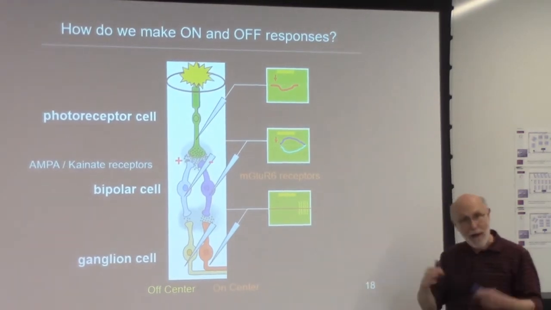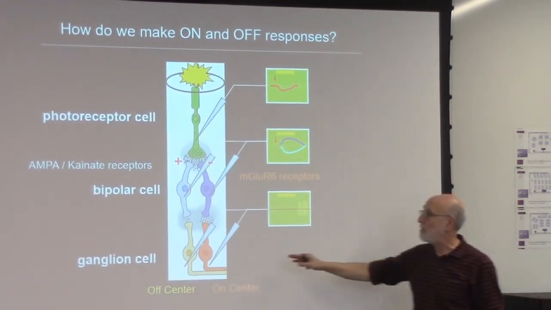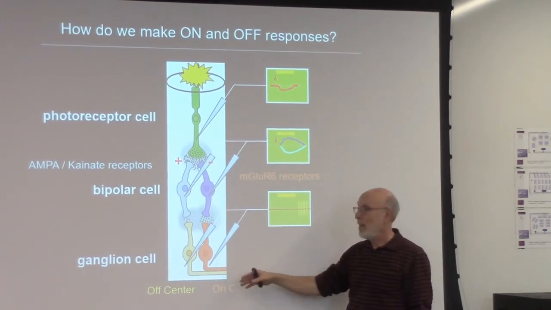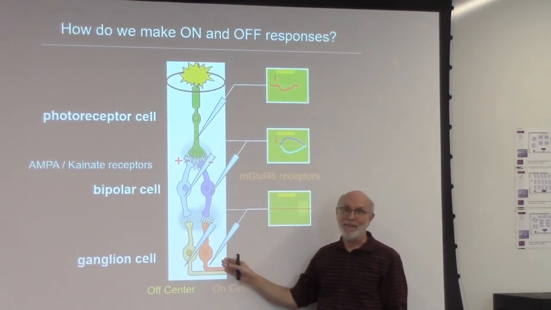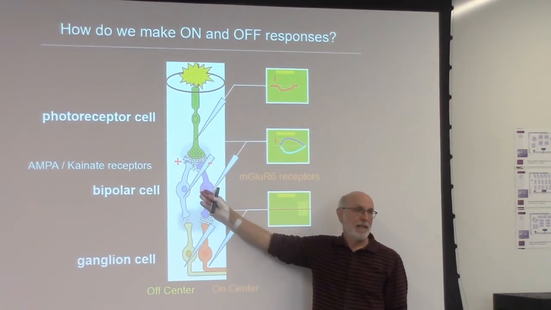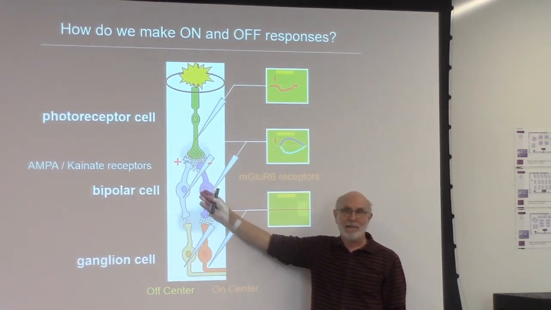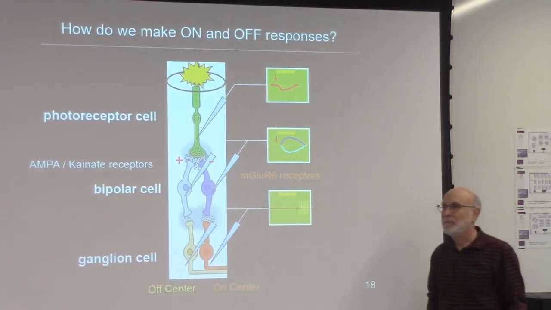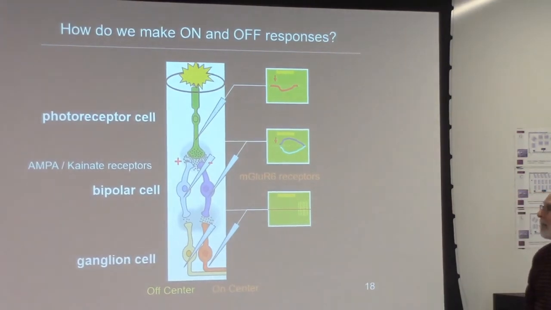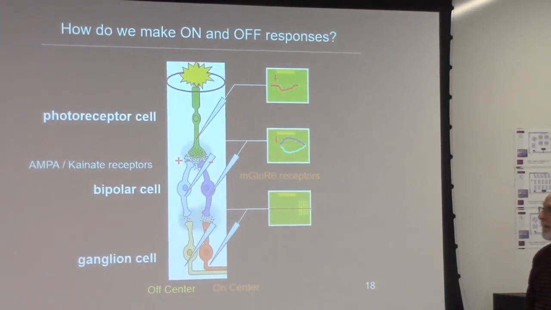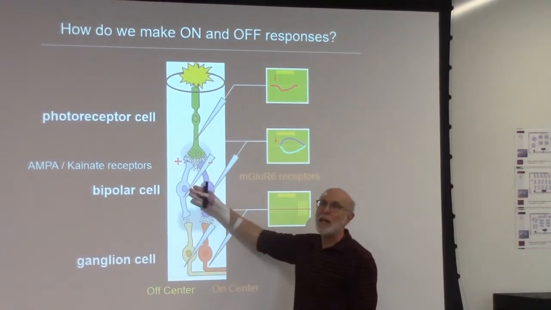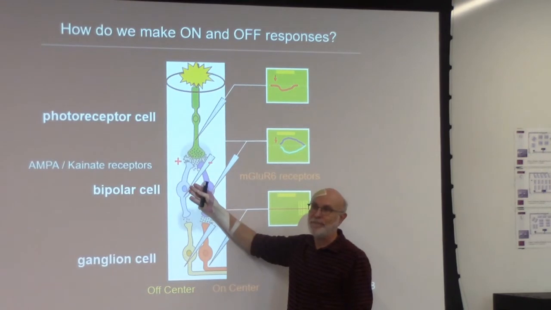So now you understand how there are two types of ganglion cells. The ganglion cells are not different. It's the bipolar cells that are different. What's different about the ganglion cells is which type of bipolar cell they're connected to.